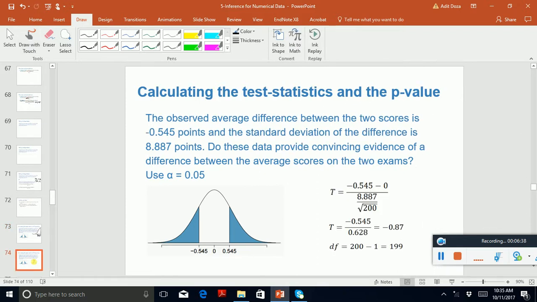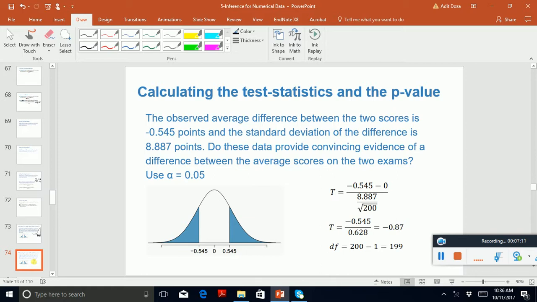So over here, if you recall the formula that we did, we have to take the difference minus the null, and divide by the standard error over the number of observations, right?